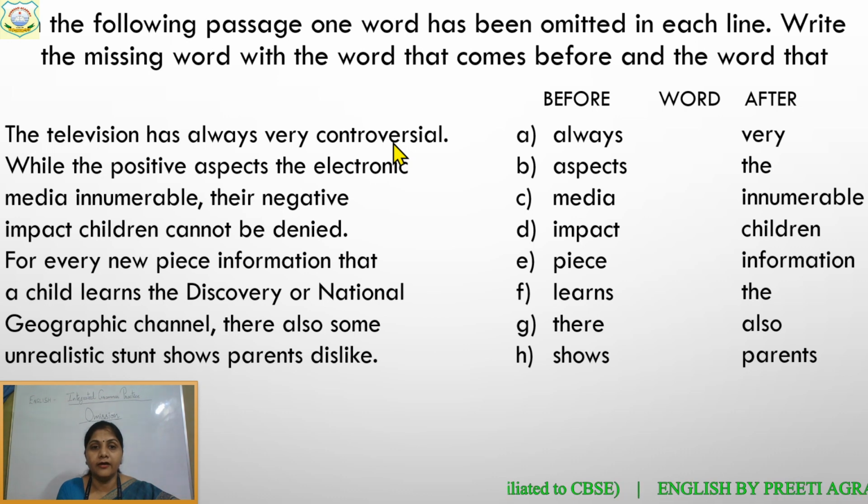We have got just after always, very. Means we have the word before and the word after. But what is the missing word? Have you got the missing word? The television has always. I have given you the word before, and I have given you the word after. Can you guess the missing word here?